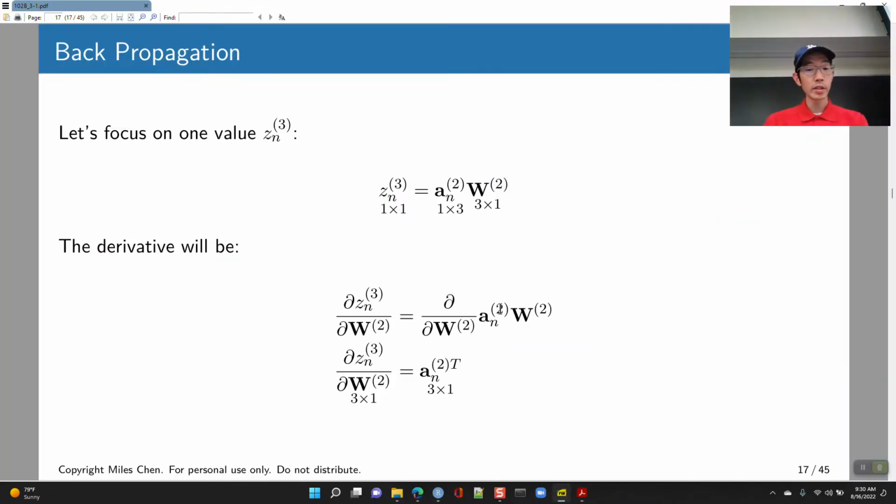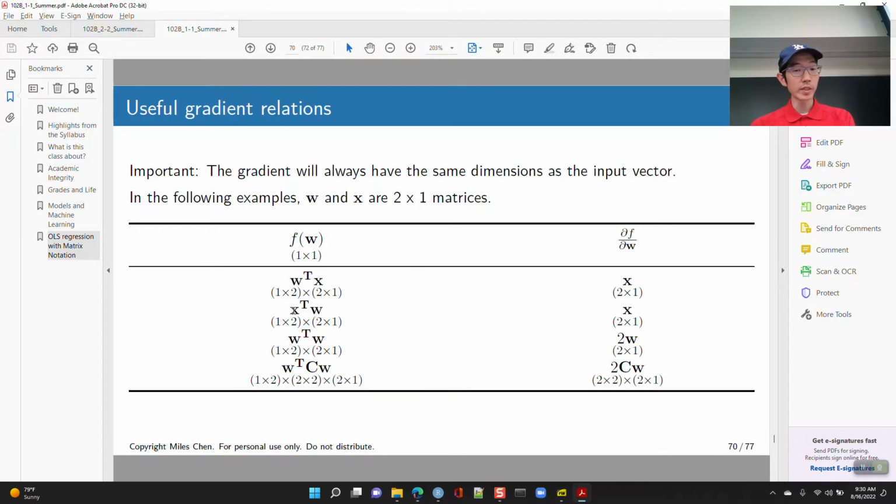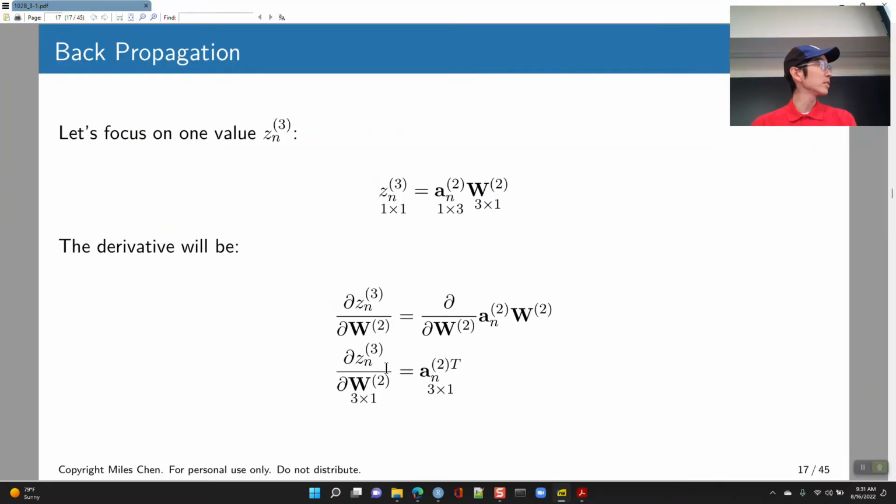I've got A times W, and we're asking what is the derivative with respect to W? Here I've got X transpose W, and the derivative of that is going to be X, but now I just have A times W, so the derivative of this will be A transpose.